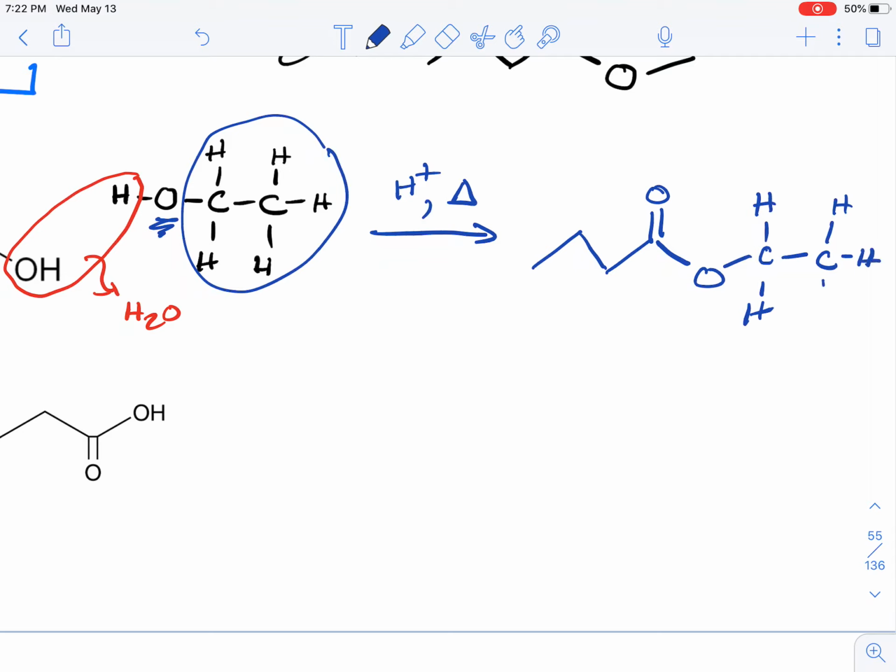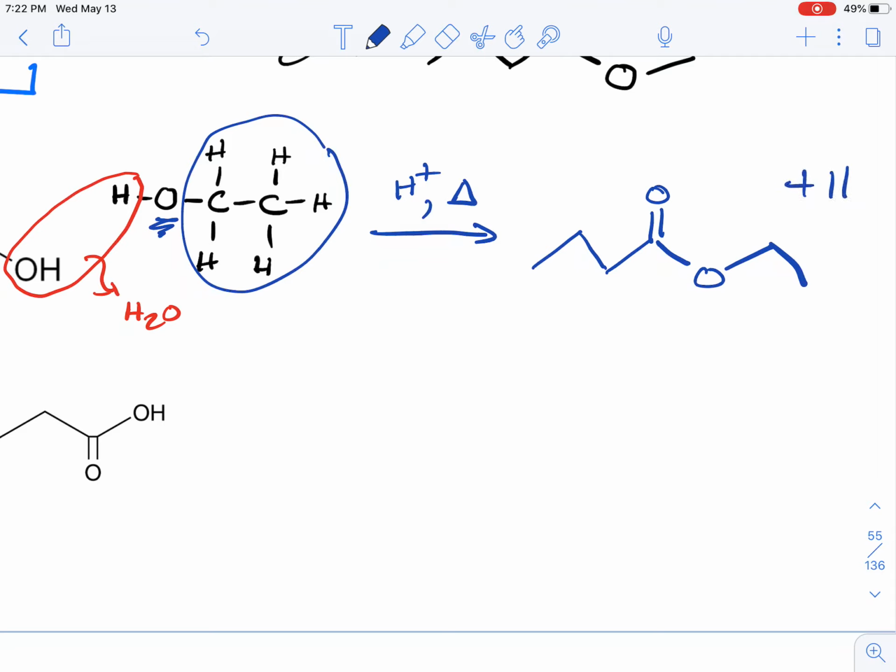It just takes a long time. If you want to write that expanded structure, you can. It means the same thing. If you want to do the condensed structure, you can as well. For me personally, I prefer the skeletal structure because in 2 lines I'm done.